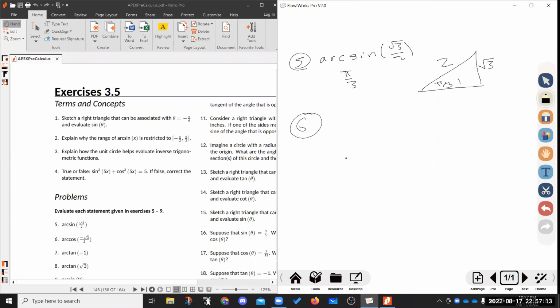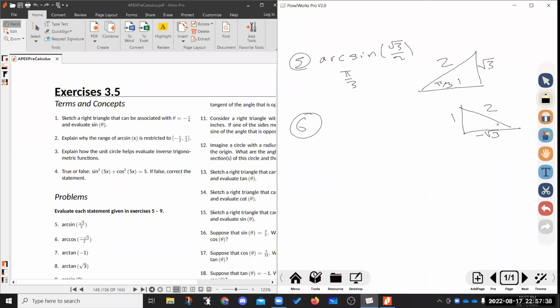Arc cosine. So cosine is going to be restricted not to quadrants 1 and 4, but to quadrants 1 and 2, because I need to focus on the x values. So my angles are going to be between 0 and pi. So I'm going to be over in quadrant 2, and I have a cosine value that's -√3/2.